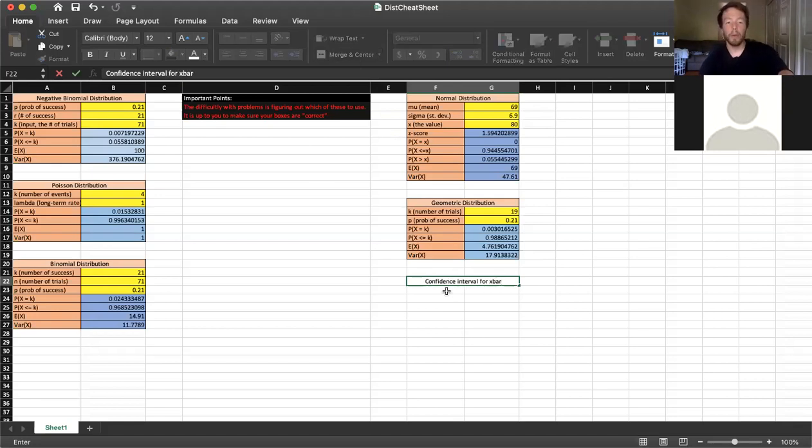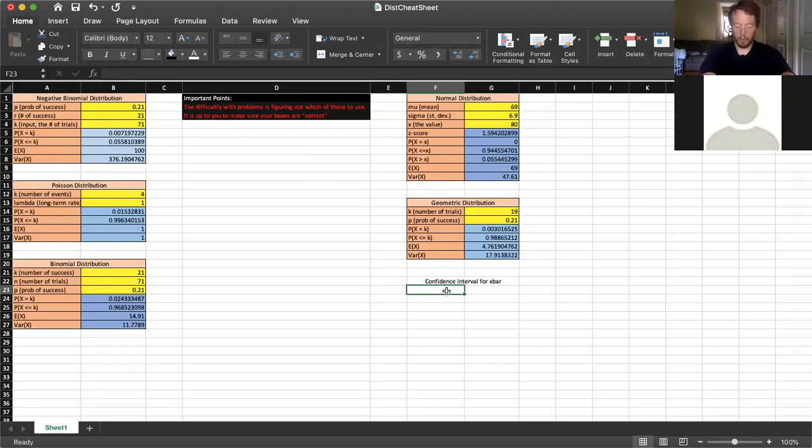Okay? So what are the inputs that we need? We need our sample mean. So I'm going to call it X bar, or the sample mean. The sigma, the standard deviation.